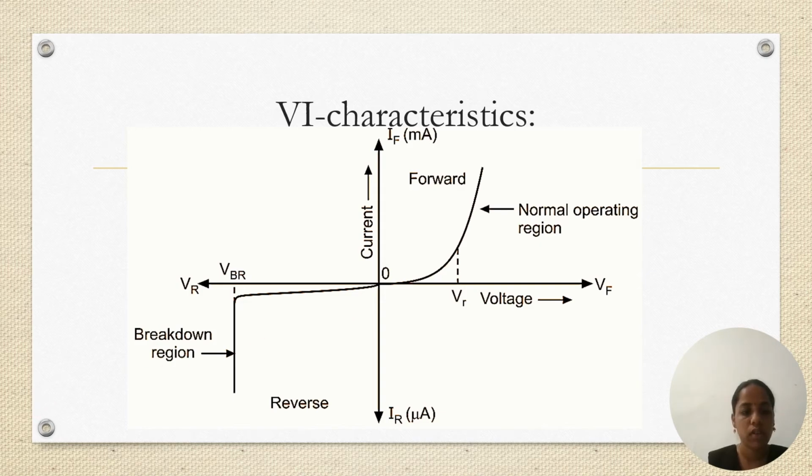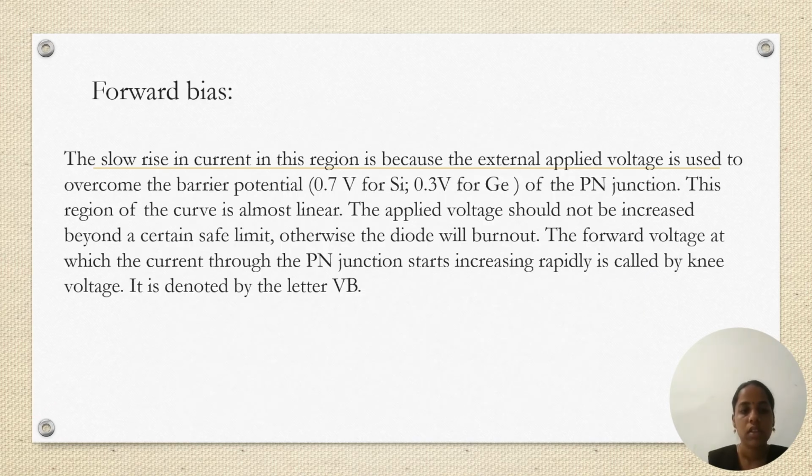Next, forward bias characteristics. In forward bias, the slow rise in current in this region is because the external applied voltage is used to overcome the barrier potential. Means in forward bias 0.7 volts for silicon and 0.3 volts for germanium of the p-n junction diode. This region is the curve almost linear. Means beyond these two voltages, the graph increases linearly.